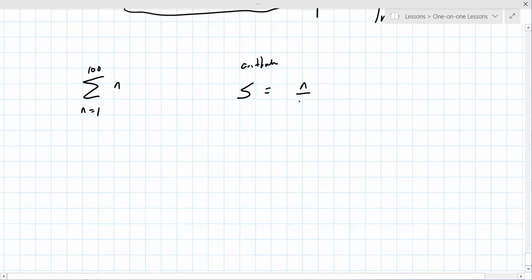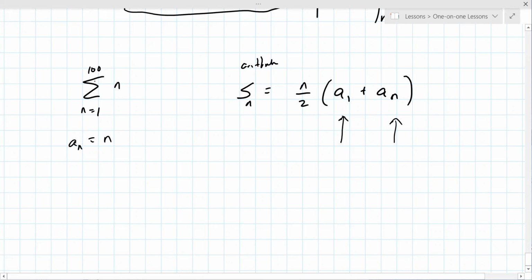It is n over 2 times the first term plus the last term. It's like an average, basically. You average them and multiply by the number of numbers that are there. So you have to find the first term and the last term. That's why you need a formula. So this one, a sub n equals n, is your formula.